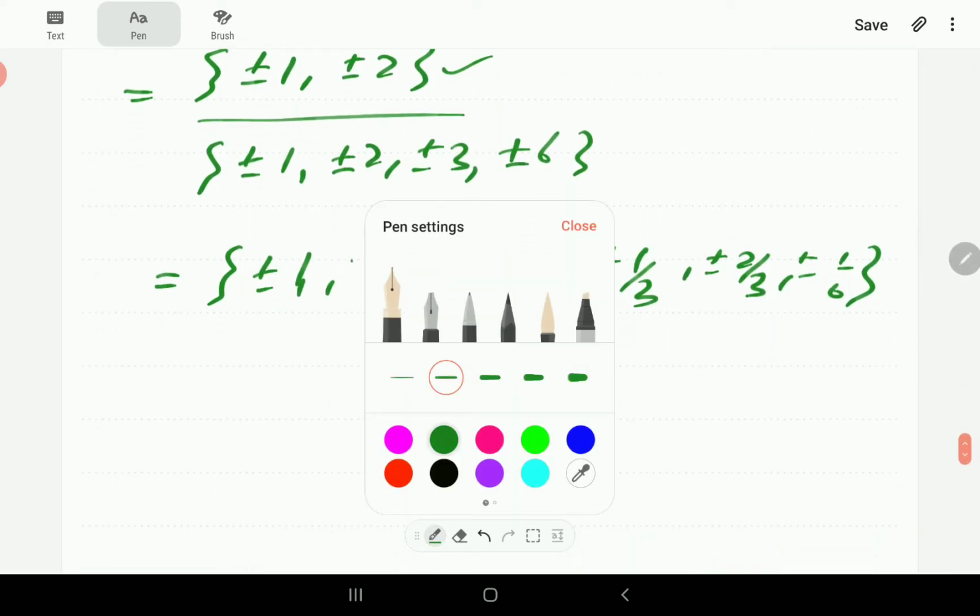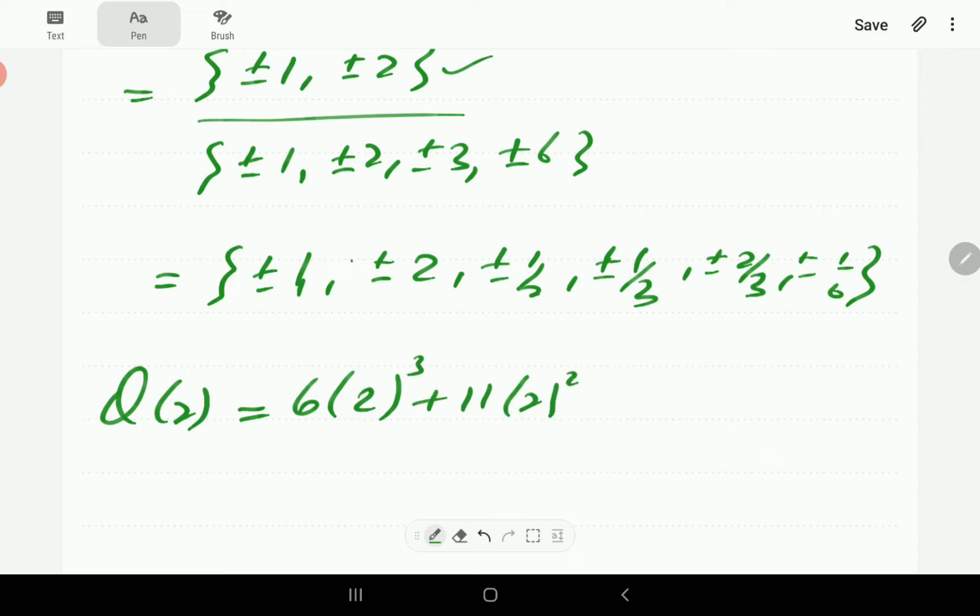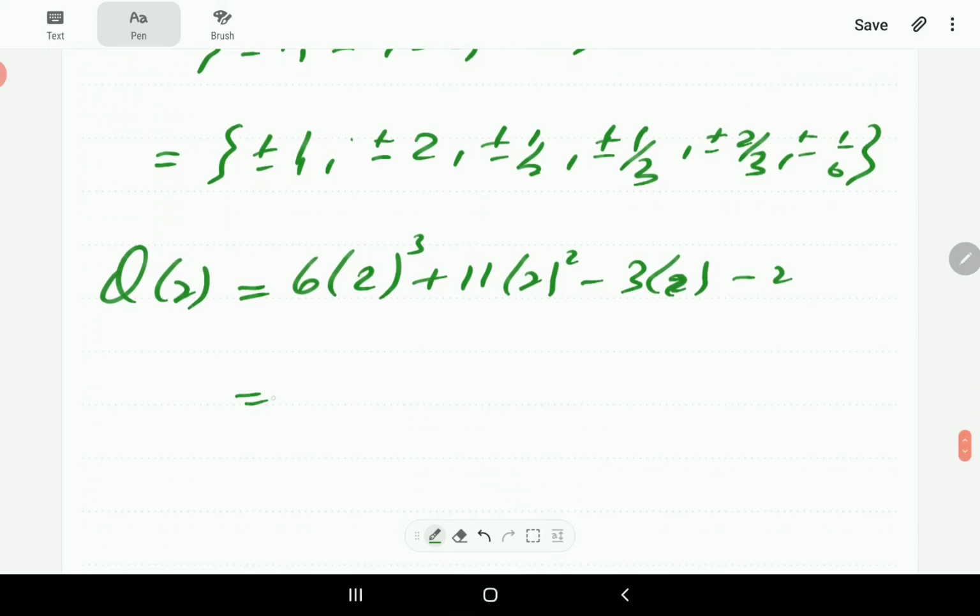So that's where we're going to start now. If you plug 2 into Q, we're going to have 2 times 2 cubed, 6 times... 11 times 2 squared, 3 times 2, and then minus 2. This is going to be 48 minus 44 minus 6 minus 2.